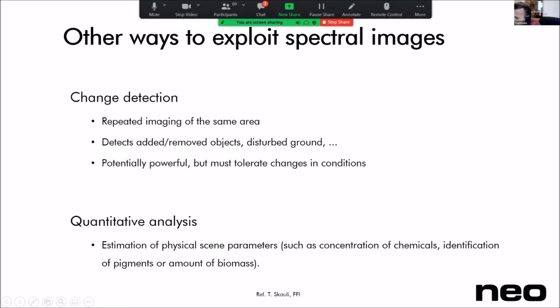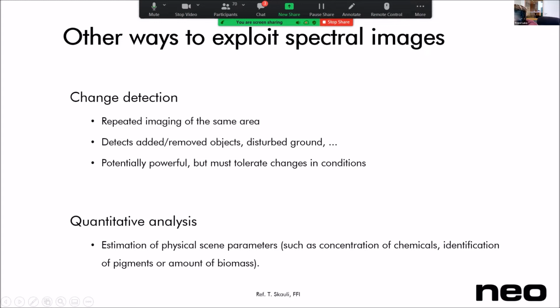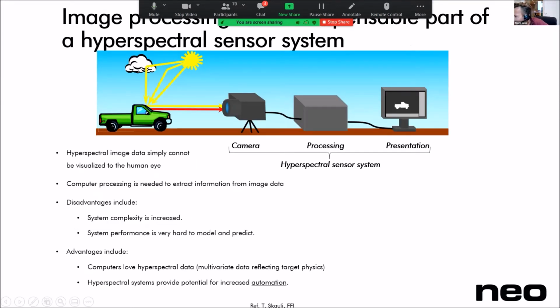Other ways you can do change detection, like you fly over the same area many times, where you can see disturbances on ground, added or removed objects, and quantitative analysis, where you can estimate physical scene parameters like concentration of chemicals, identification of pigments, and amount of biomass, for example. But what all of these things need, right? You cannot have the camera itself and not a processing unit.